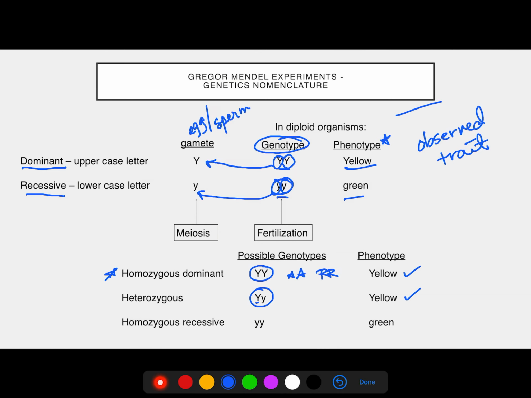And if I said homozygous recessive, two recessive alleles, that's lowercase y, lowercase y. If I did this with the A's or the R's, it would look the same, and you'd have whatever that recessive trait is, in this case green.